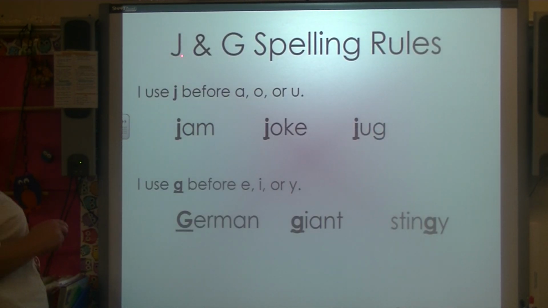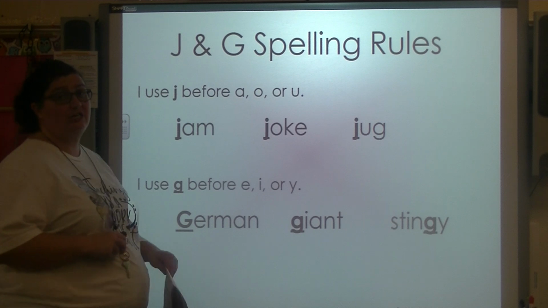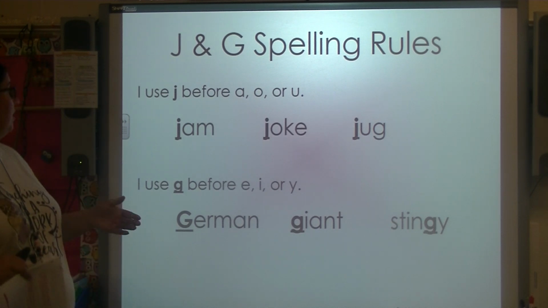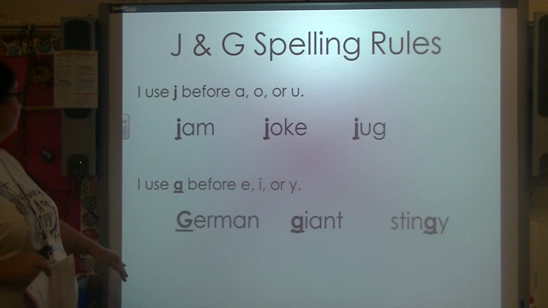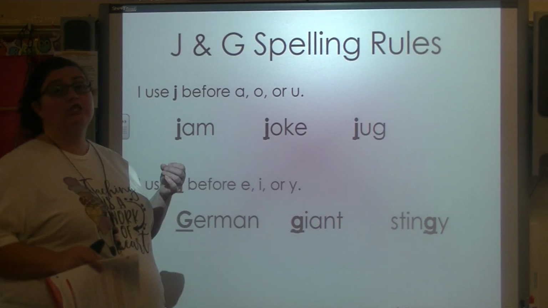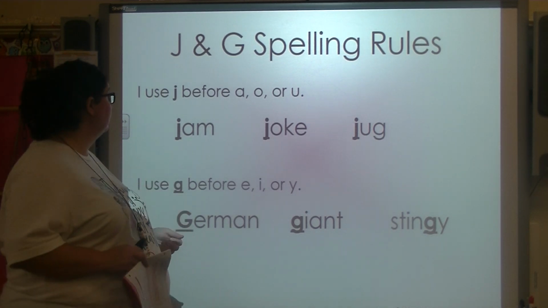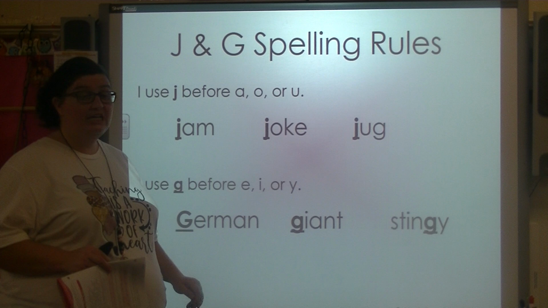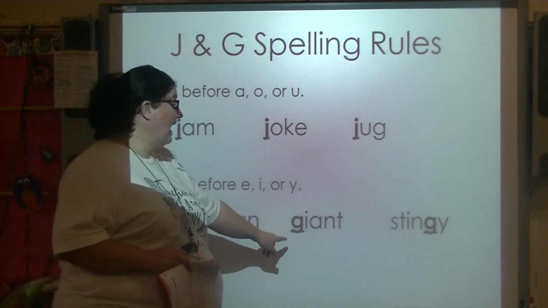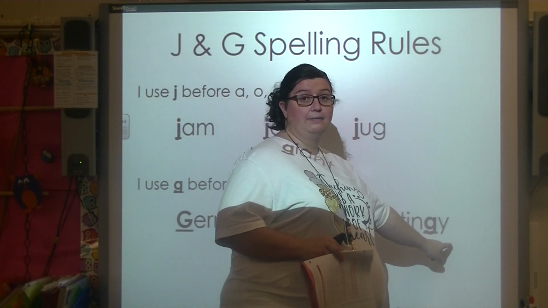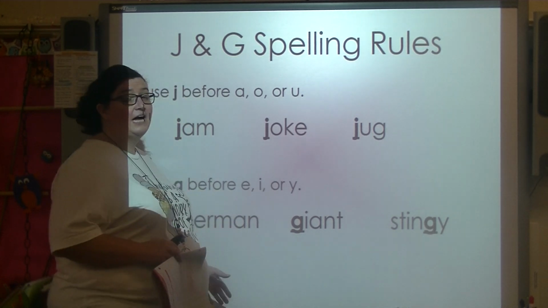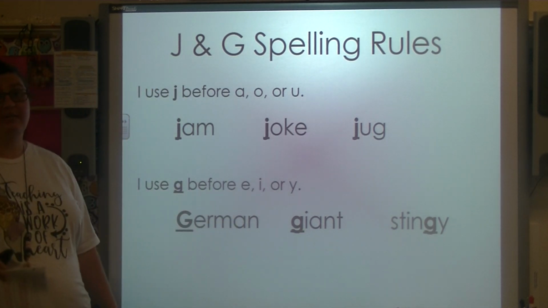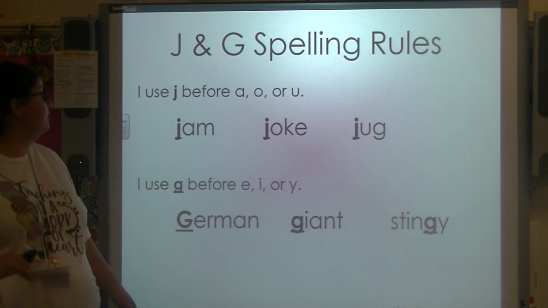All right, when to spell with J and G. You learned today that if you're looking for the J sound with G, it's after E, I, or Y. If it's followed by E, I, or Y, we're going to spell with G to make the J sound.